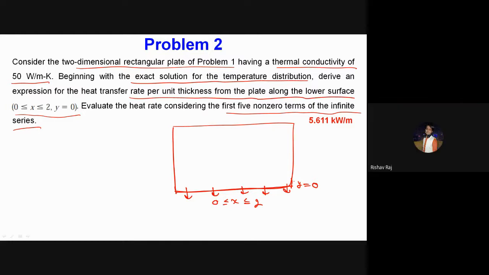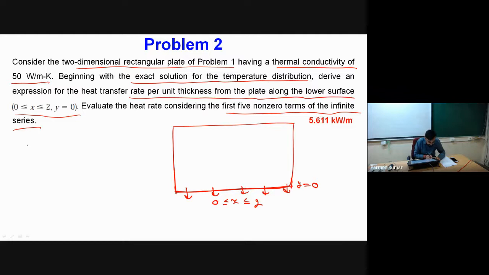Yes, sir. How can I write the formulation of heat transfer from the bottom face? What will be the formulation of heat transfer rate from the bottom face? Please tell me what will be the formulation?